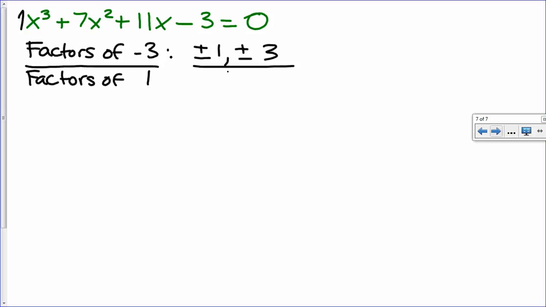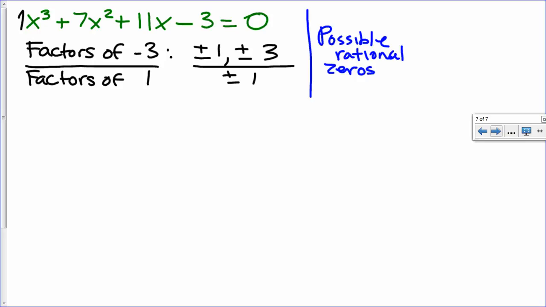And that divided by plus minus 1. So how many possible rational zeros do we have, guys? 4, right? Positive 1, negative 1, positive 3, and negative 3.